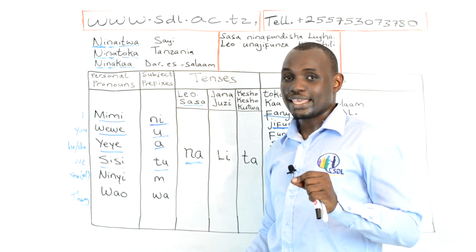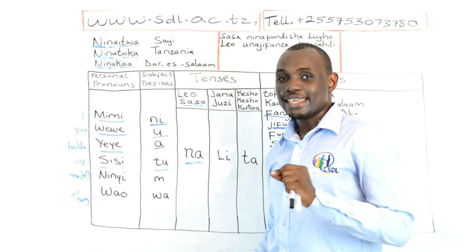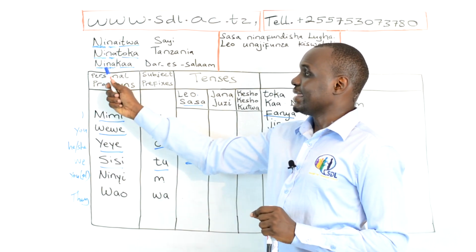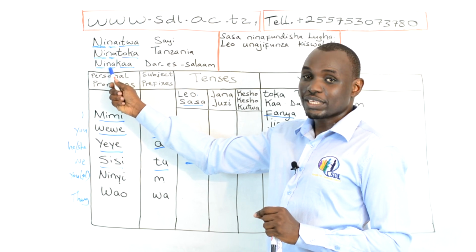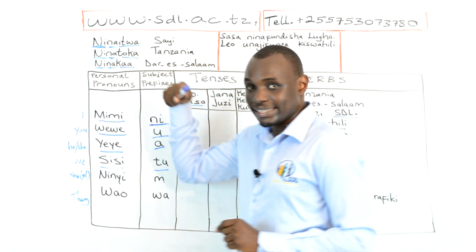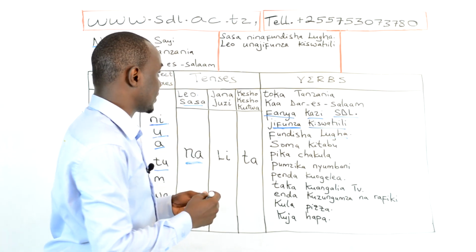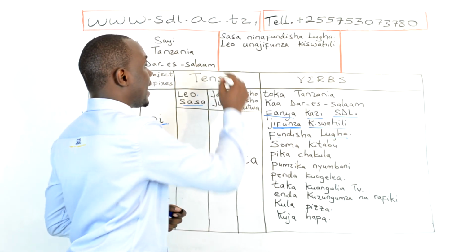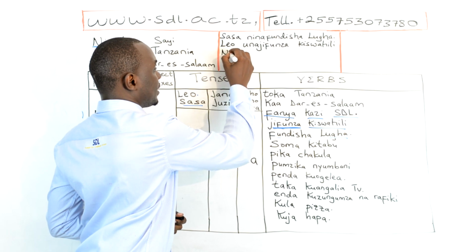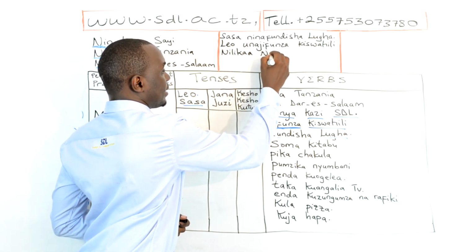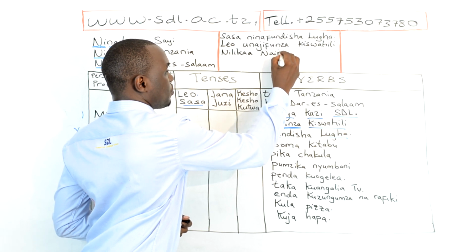If you want to say, I stayed in Nairobi, you will say ni li. Instead of na, you say nilikaa. I stayed. Nilikaa Nairobi. I write that sentence. Nilikaa Nairobi.